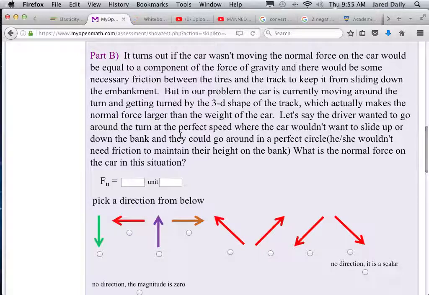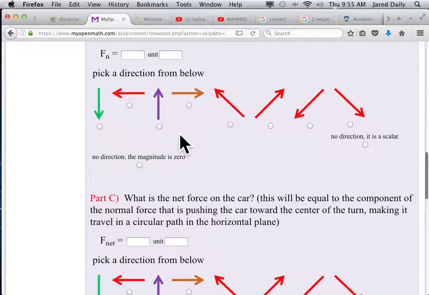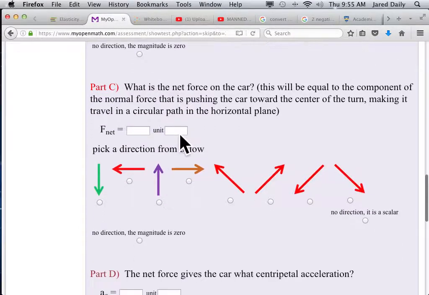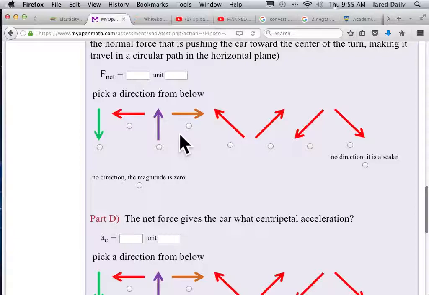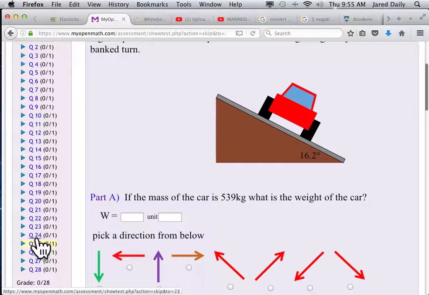And can we do it? I don't think we can with the stuff we know right now. Yeah. Let's actually save that question for a later time.